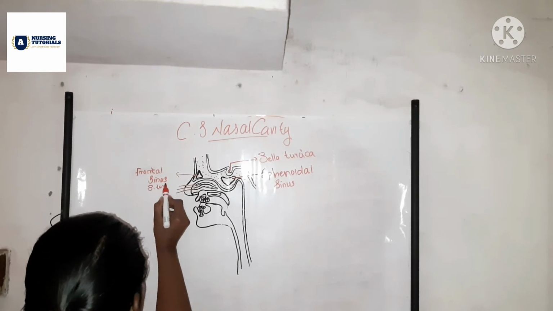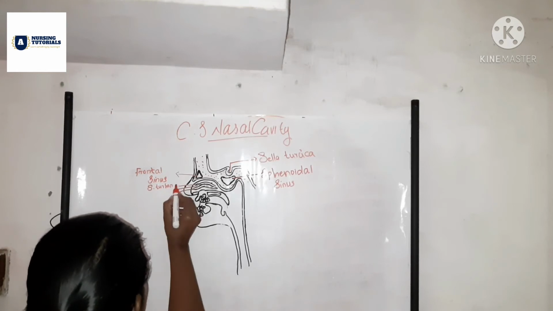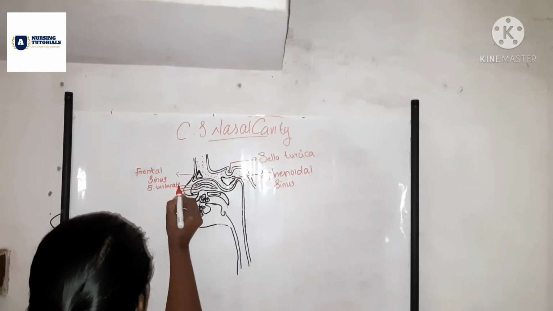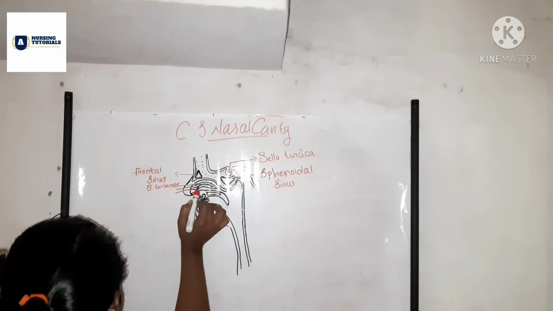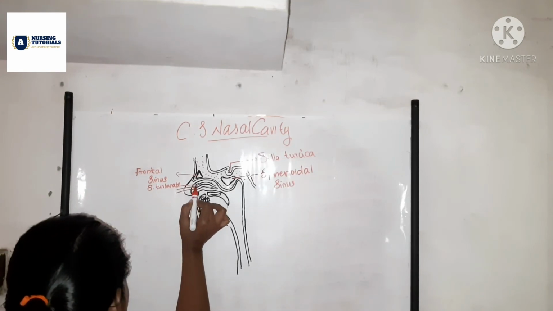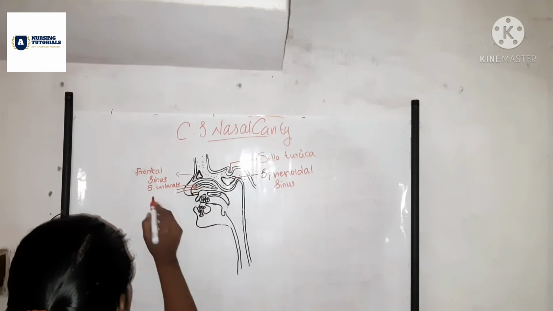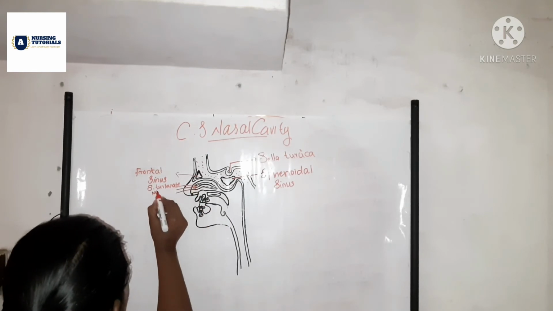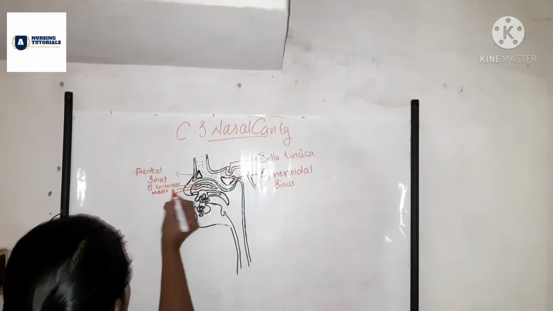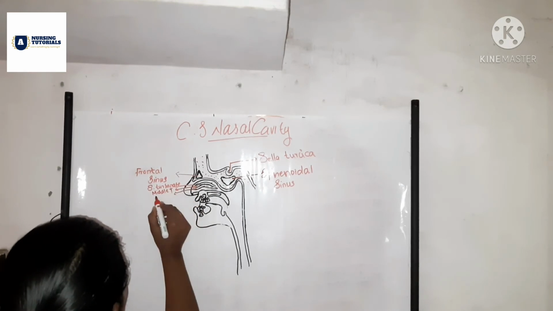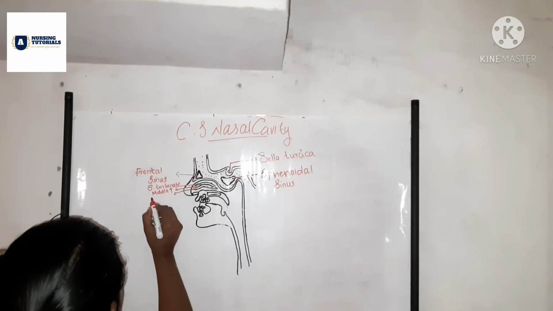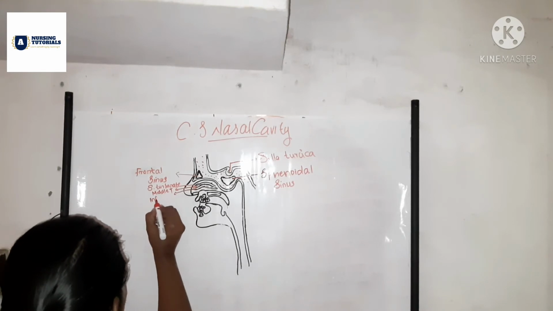This is the superior turbinate. And the middle one is the middle turbinate. And the last one, the bottom one, is the inferior turbinate.